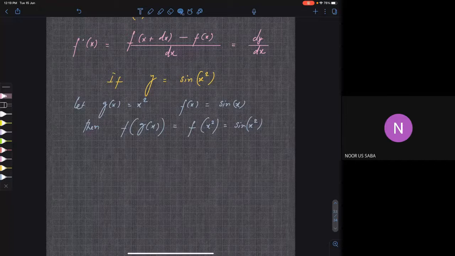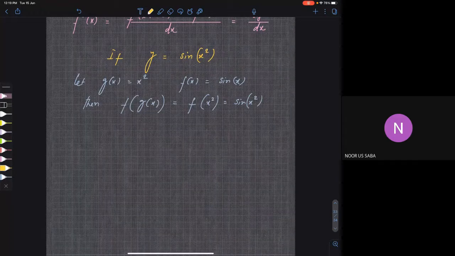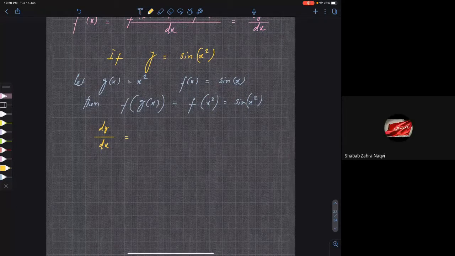Whenever you have a function of a function, when you take out the derivative, you write dy by dx as you would have written for sin x. What is the derivative of sin x? Cos x.